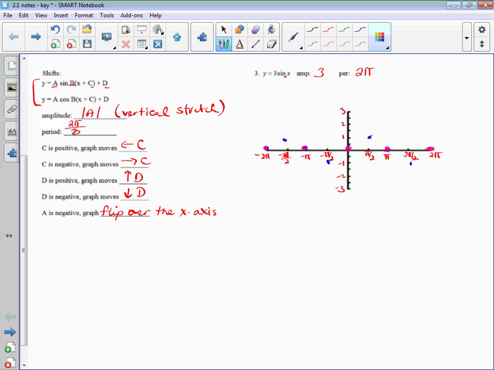So they get stretched by 3. What about those dots that are at -1? Where are they going? Yep. All right, so then you just have to draw your nice curve.